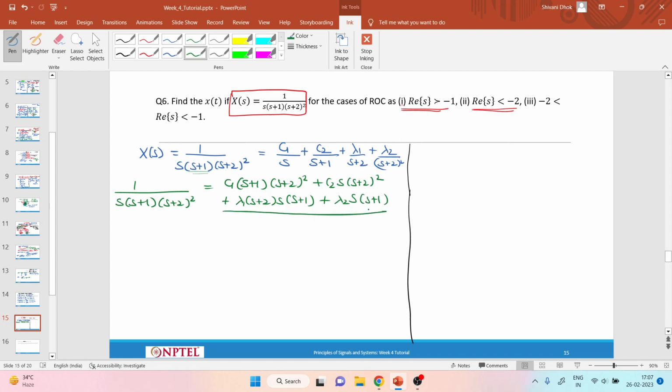This whole thing is divided by s into s plus 1 into s plus 2 whole square.